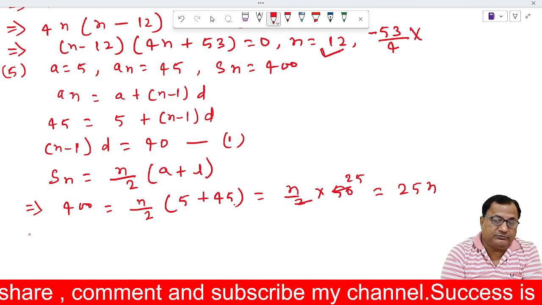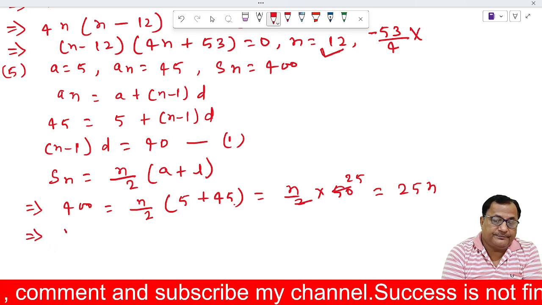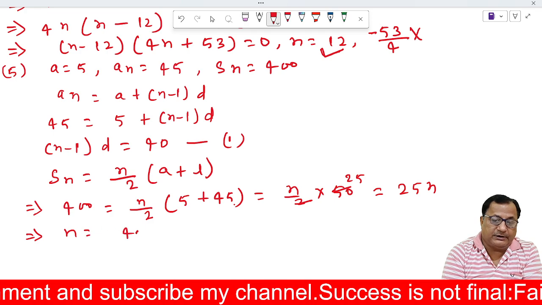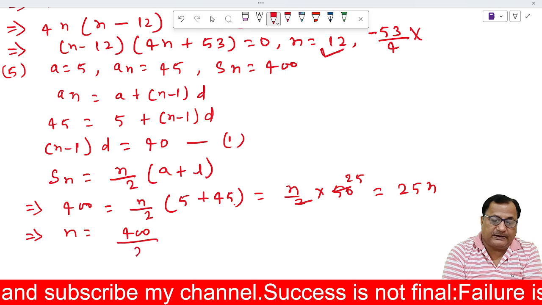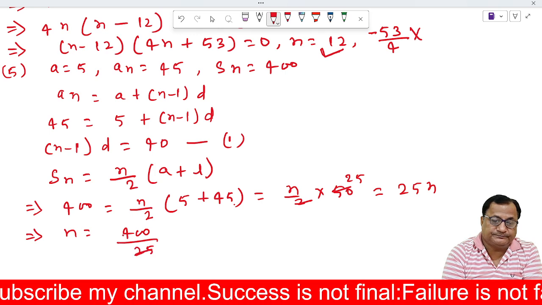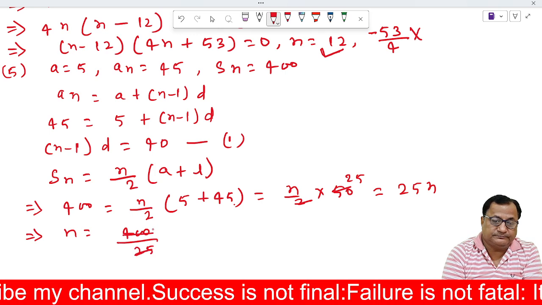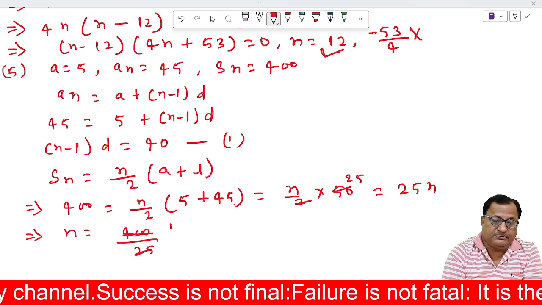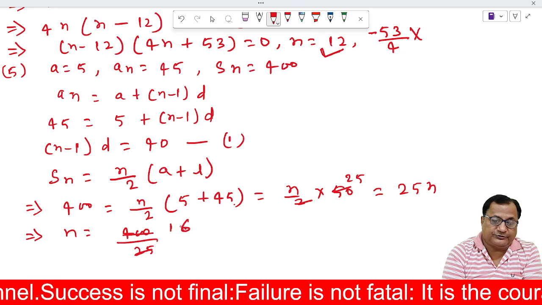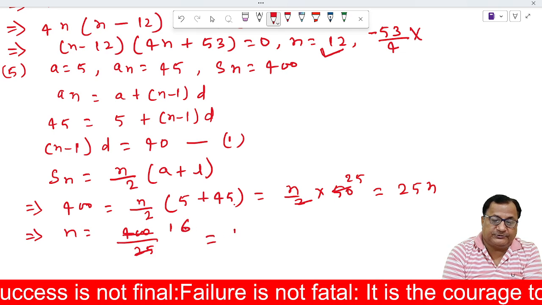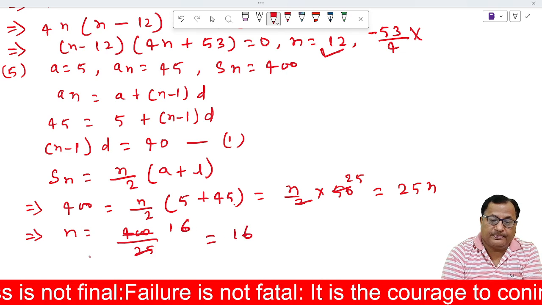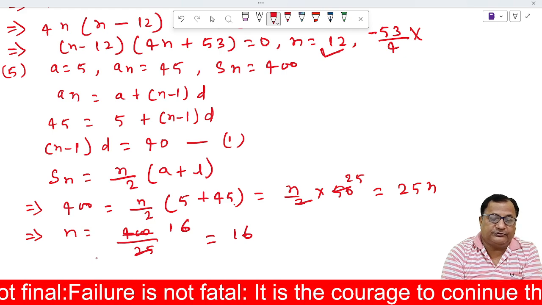So n is equal to 400 divided by 25, which is 16. n is equal to 16.